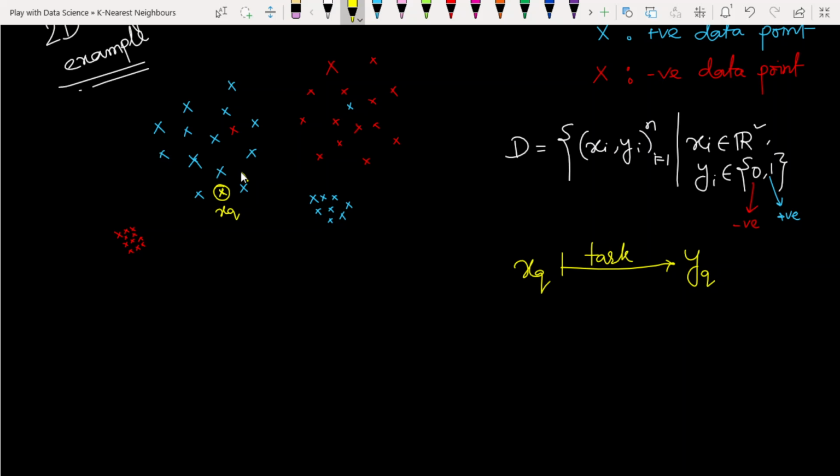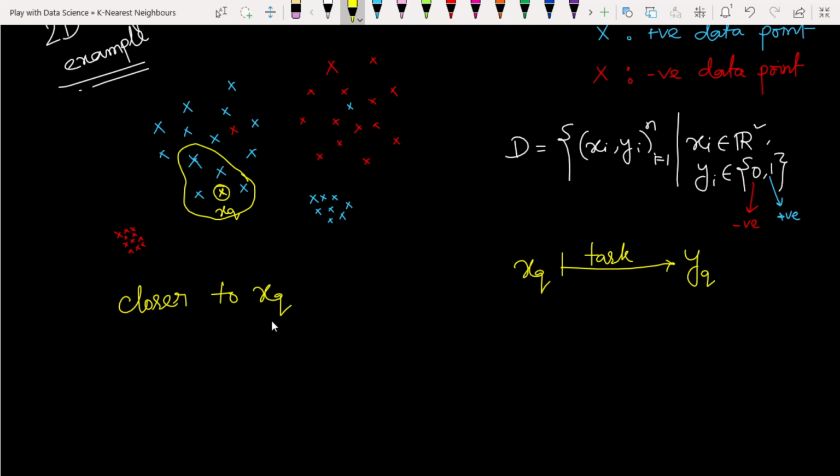Just see the boundary points. Suppose these 4 points are the closest points to xq. So first we have to find the closest points to xq.